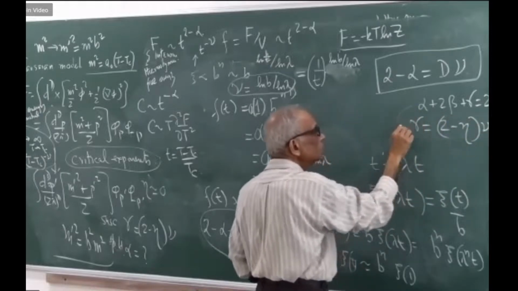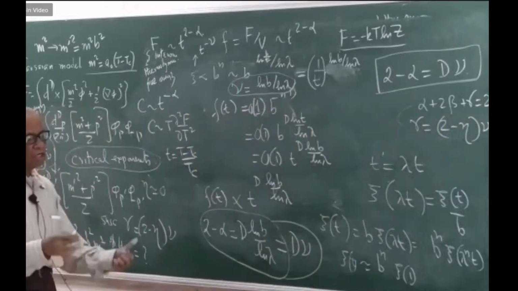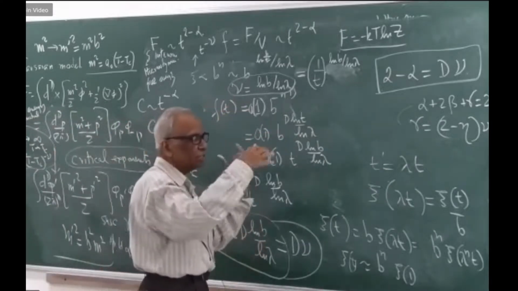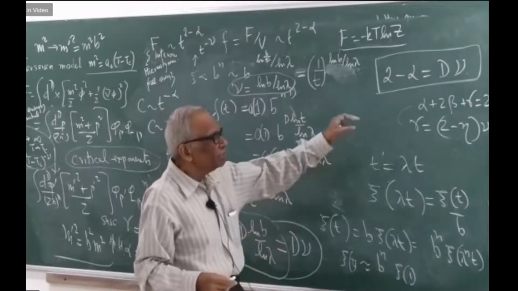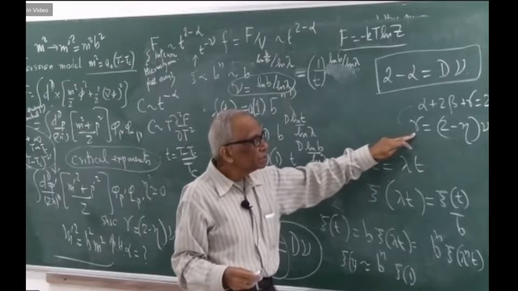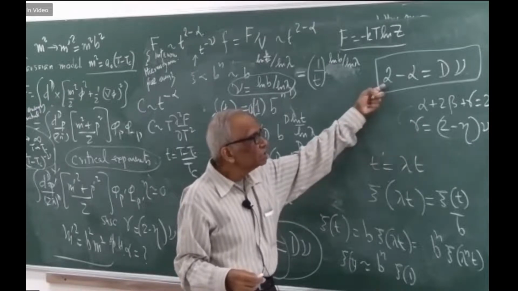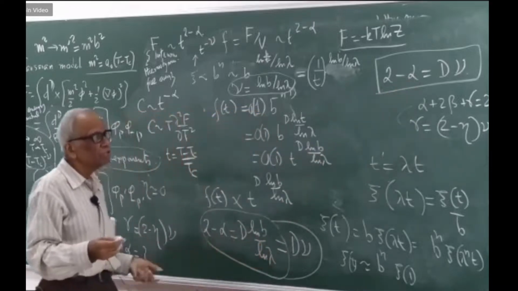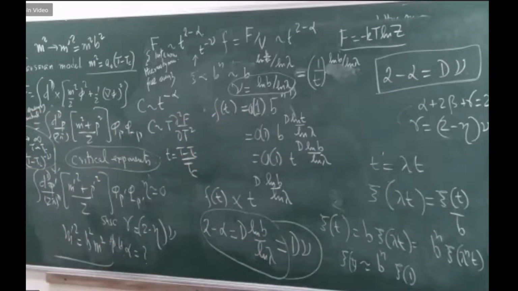These were purely thermodynamic relationships between physical variables which gave rise to these scaling laws. But here is a scaling law which is actually dependent on the spatial dimension, and you really need to go through this exercise in order to get a feel for how 2 minus alpha equal to d nu comes about.